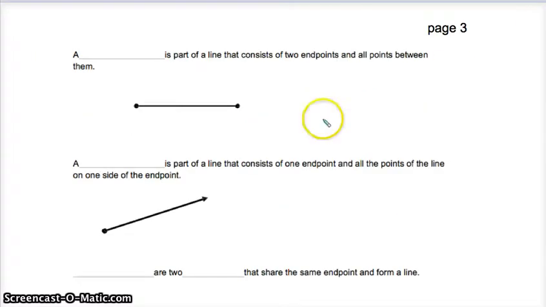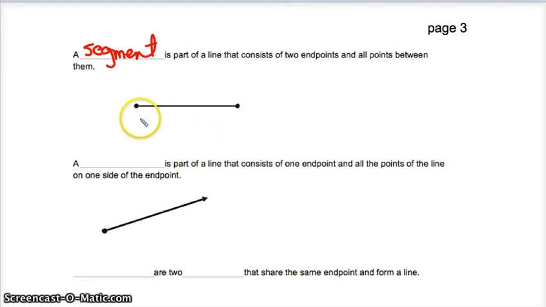Now, we've also got some variations on points and lines. We've got what we call a segment. A segment is part of a line that consists of 2 endpoints and all points between them. So it's important to know that a segment has 2 endpoints. Where a line keeps going in both directions, a segment definitely ends at those 2 spots.